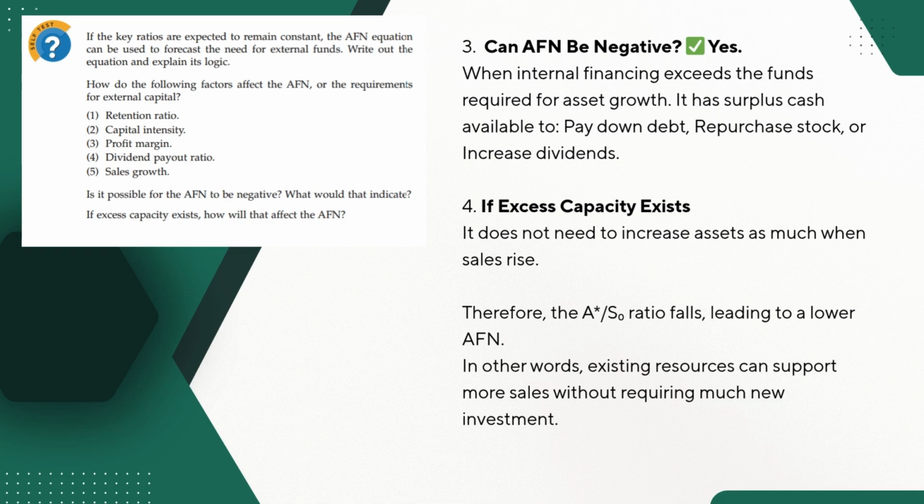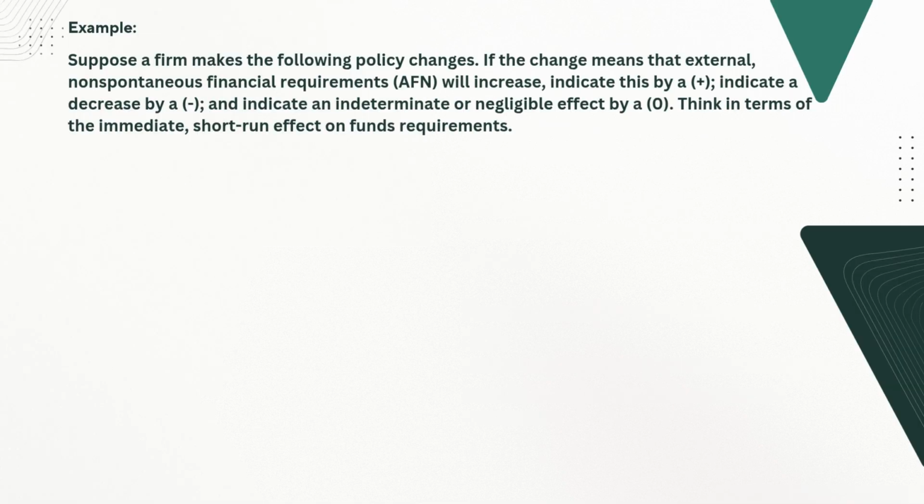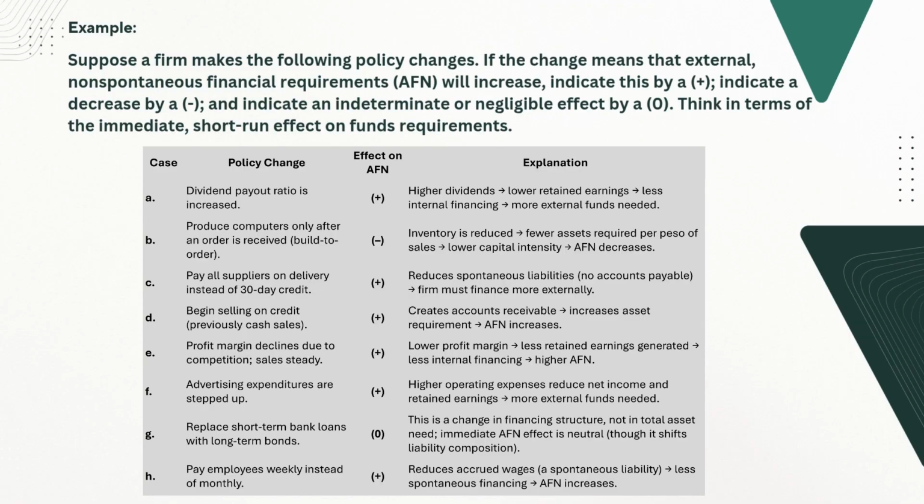Now let's look at another example to better understand the effects of AFN. So it says, suppose a firm makes the following policy changes.